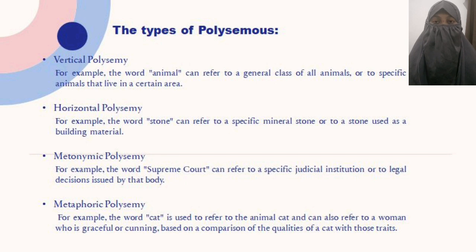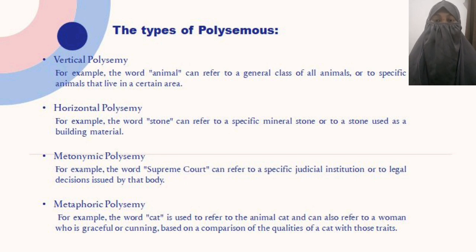Horizontal polysemy occurs when the various meanings of the word do not have a hierarchical relationship but a more parallel relationship. For example, the word stone can refer to a specific mineral stone or to a stone used as a building material.